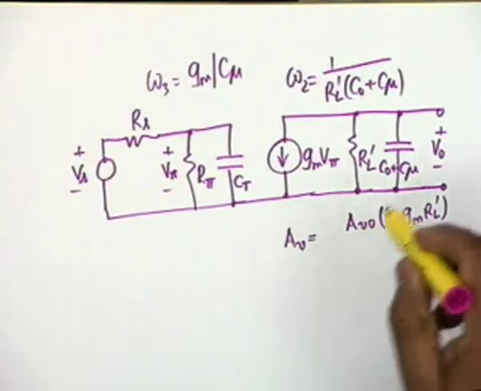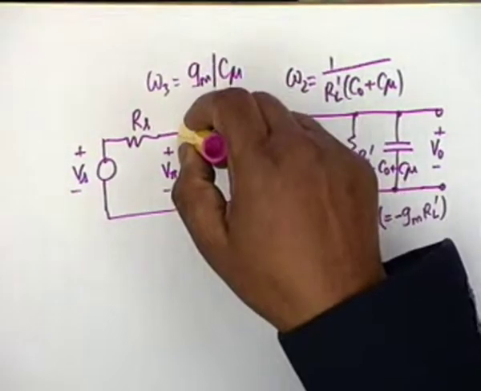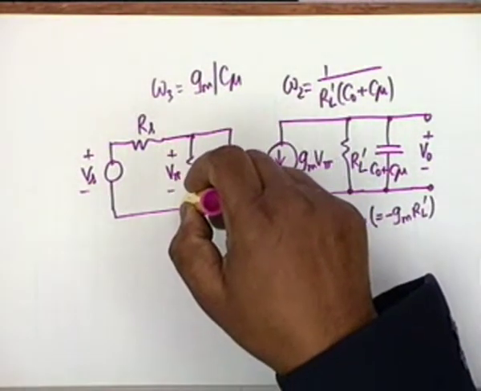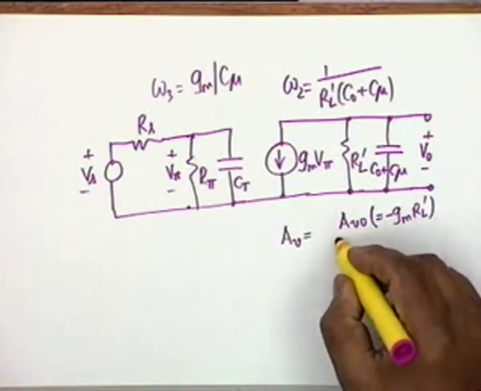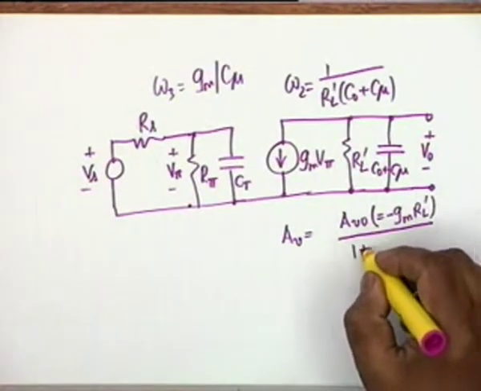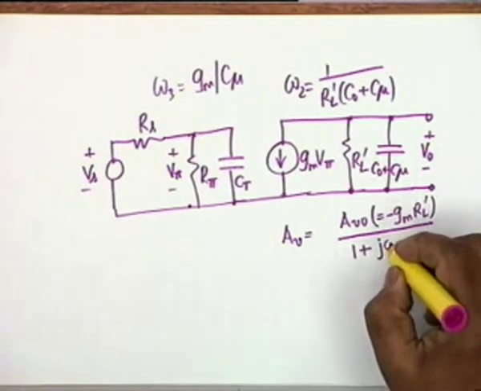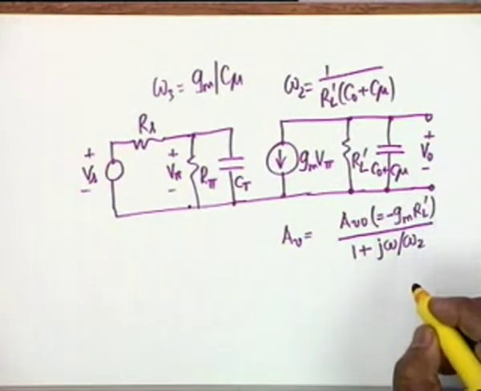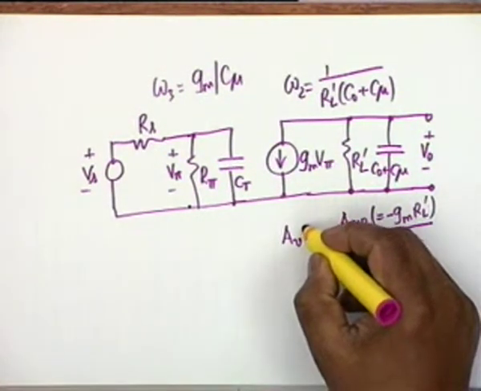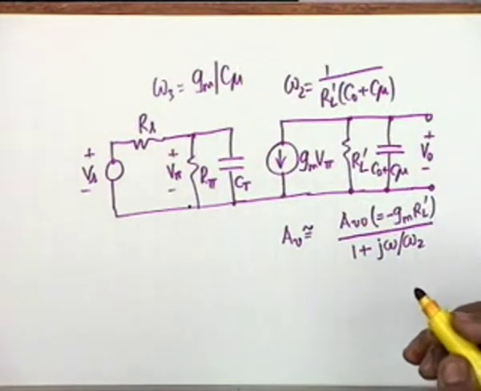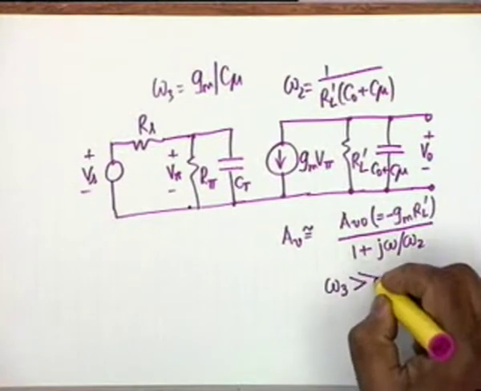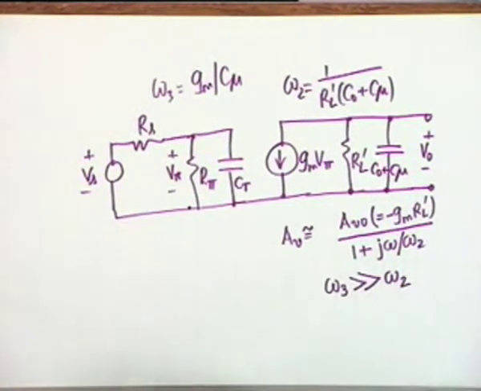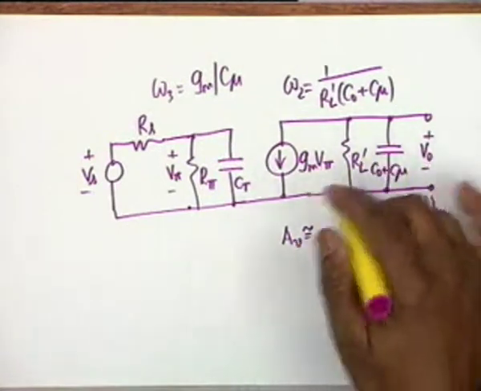This is the voltage gain between V0 and V pi, which is the same as Vi, divided by 1 plus j omega by omega 2, and this was an approximate value under the condition that omega 3 is much greater than omega 2. Agree? This is just to refresh your memory how this was obtained.